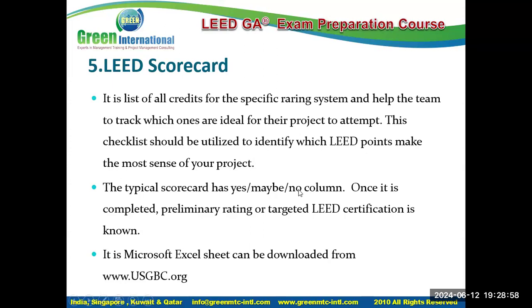Under each category, each credit, you can tick whether it is possible, yes. If it is not possible, you tick no. That way you can roughly estimate how many points you can get. Or maybe we need to do better, then you can add some extra effort. So maybe we can try these kinds of credit points to get it. That way you can set a target for the team.